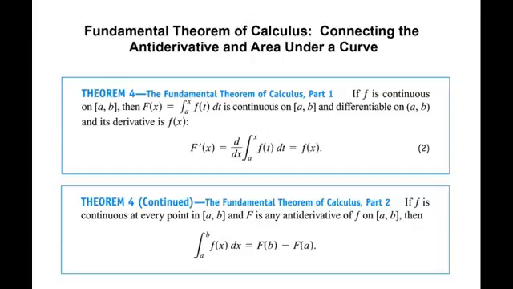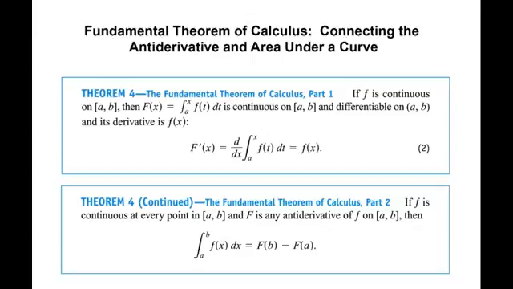We can do all that. We're saying that the antiderivative is also continuous from x equals a to x equals b, and it's also differentiable on the open interval from x equals a to x equals b.